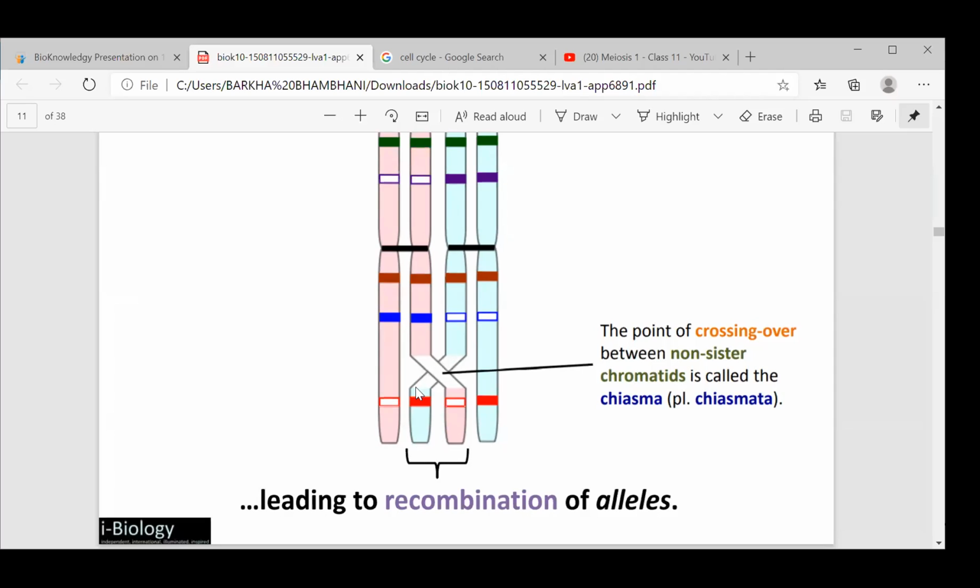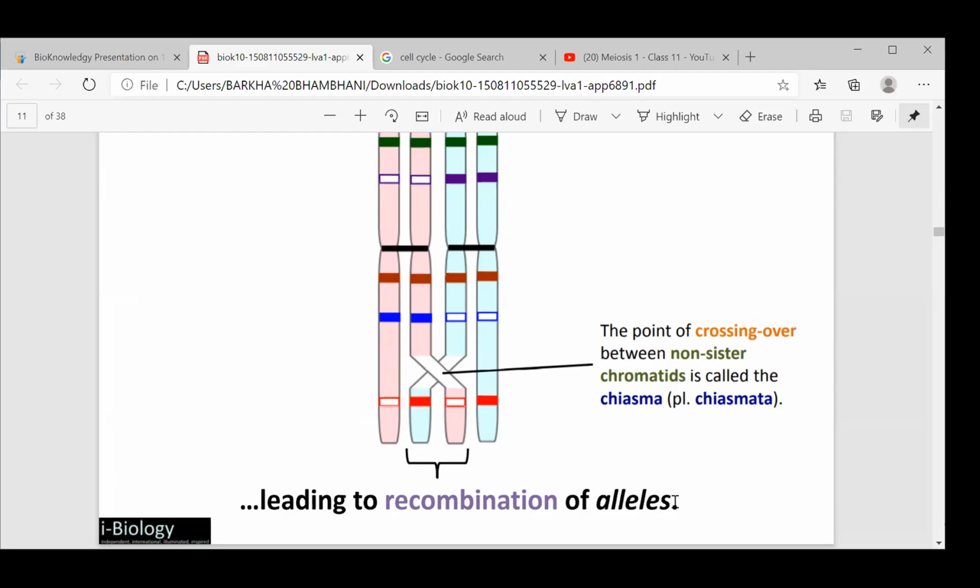It means here the crossing over is shown only at one place, but there would be many of them, so there would be many chiasmata. So the point at which the crossing over between the non-sister chromatids is taking place is called chiasma. Please note it down. And this will lead to the recombination of different alleles.